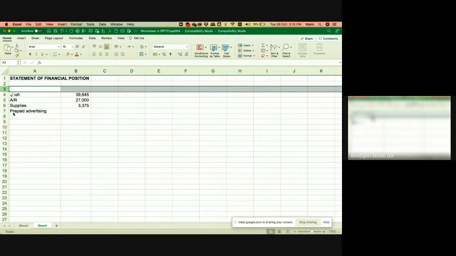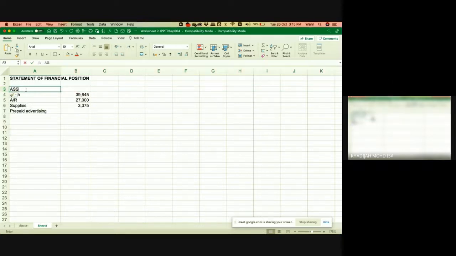These are your assets. Then prepaid advertising. How much is it? 7,560. And then you will have equipment.